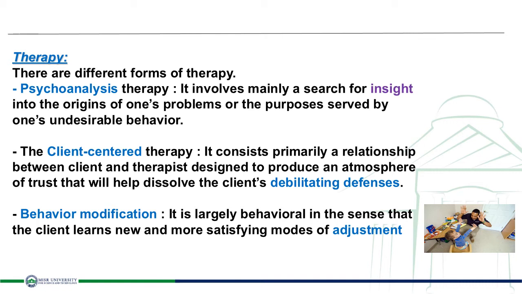What about the second form of therapy, client-centered therapy? This therapy focuses mainly on the relationship between the client and therapist. This relationship is designed to produce an atmosphere of trust, which will help the patient to solve his problem.